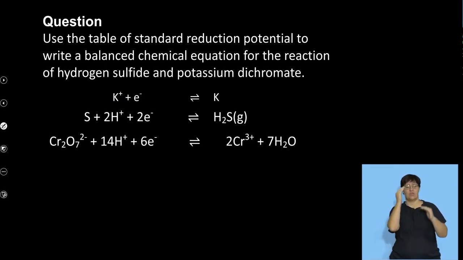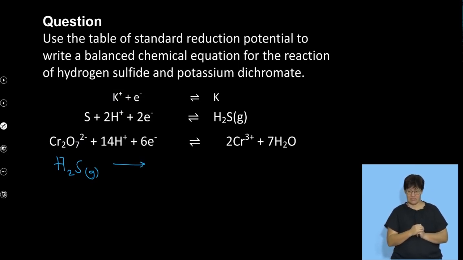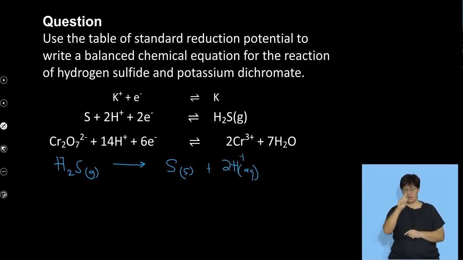So if we were to rewrite this equation, we'll have our hydrogen sulfide, take note of the formula, which is a gas, undergoing oxidation to give us sulfur atoms, the hydrogen ions in solution, plus 2 electrons, right? And then the dichromate one, but take note again, the symbol now is left to right.